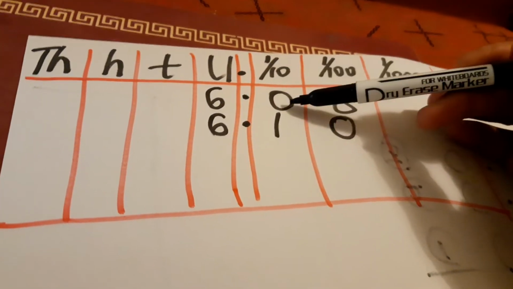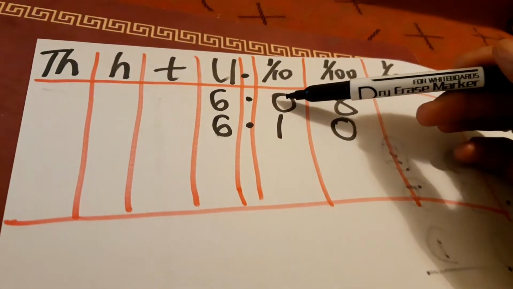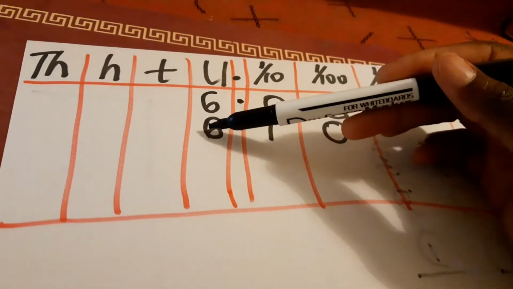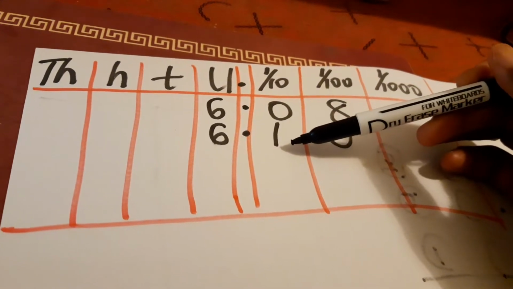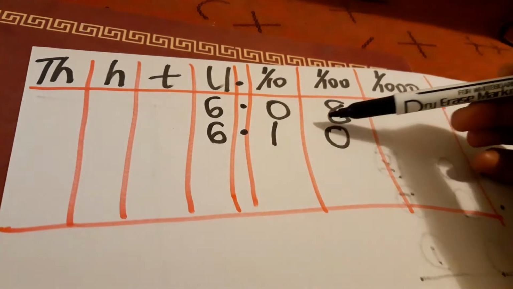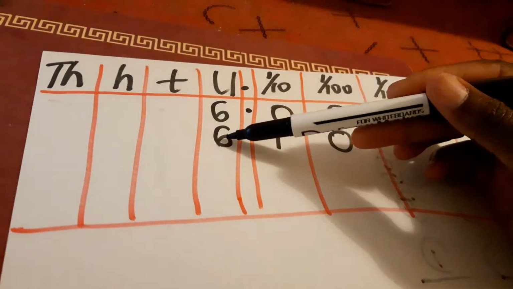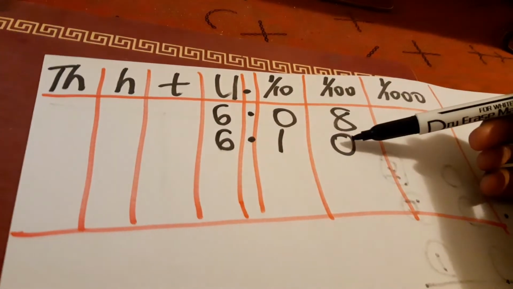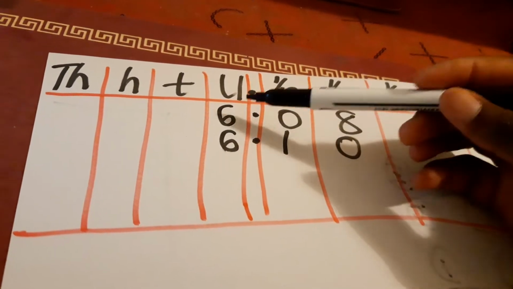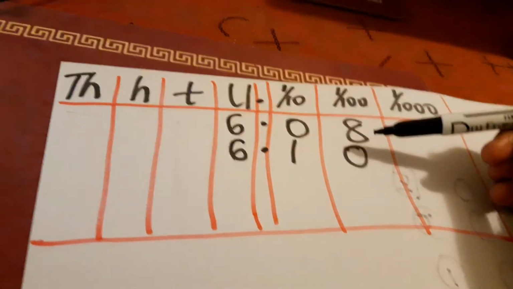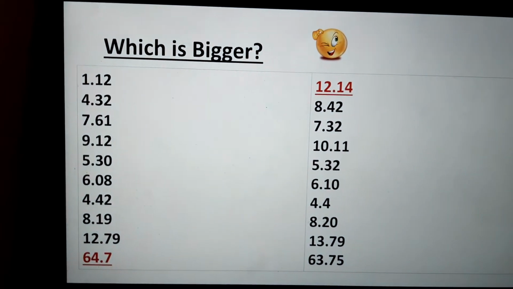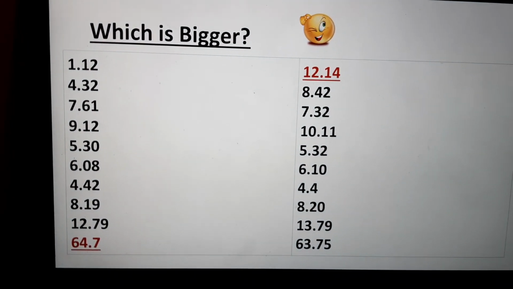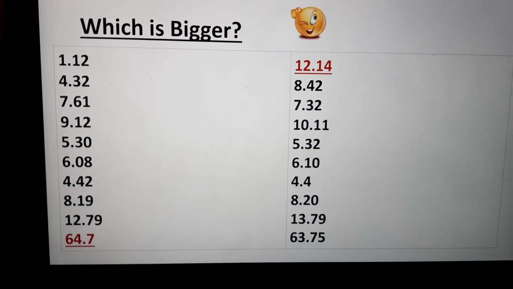So we look at the tenths column, and the first number is a 0. And the second number has a 1 in the tenths column. So we know straight away, without having to look at the next column, that 6.10 is bigger than 6.08. So pause the video, use your decimal place value grid, and then work out which ones are bigger.